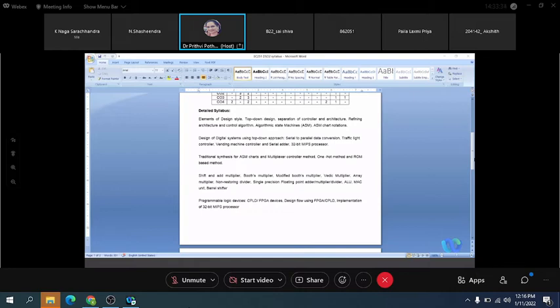In your state machine, I'm asking, will the next state and the output of the system be the same at any instant if the same input is given? No, ma'am, it depends on the present state now. That means what is the present condition that your hardware is in.